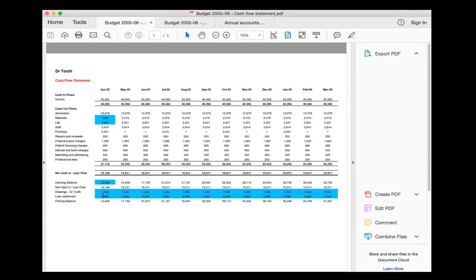That would be very, very important to do. So you can prepare a cash flow statement and a profit and loss forecast, and then on a month-to-month basis, you get a monthly account done for that. So let me move back to my slides now.